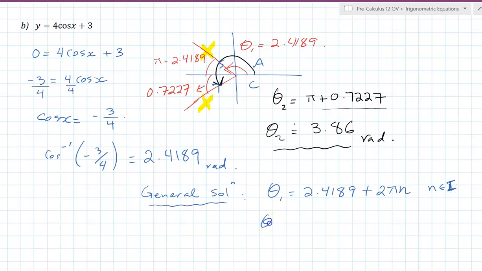And then theta 2 will be 3.86 plus 2 pi n. Remember, we are multiplying, right? n is being multiplied by 2 pi. That's the number of full period rotations that go around, and that would be the two general solutions that you have. All right, and that's it.